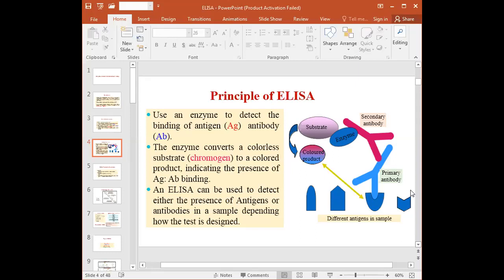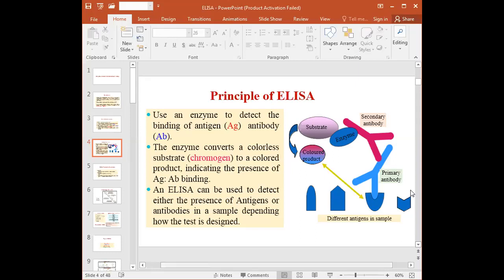A number of enzymes have been used in ELISA, such as alkaline phosphatase, horseradish peroxidase, beta galactosidase, and so on. Specific substrates mostly used are orthophenylenediamine dihydrochloride for peroxidase, and para-nitrophenyl phosphate for alkaline phosphatase, which are hydrolyzed by the enzymes to give a colored end product.